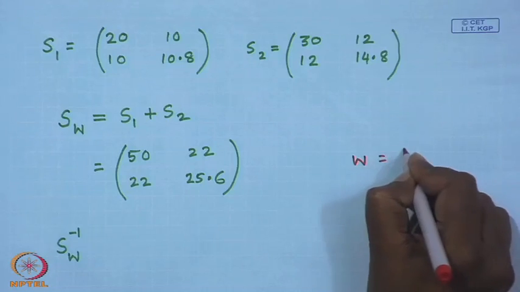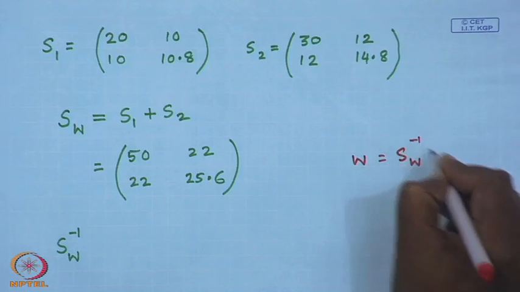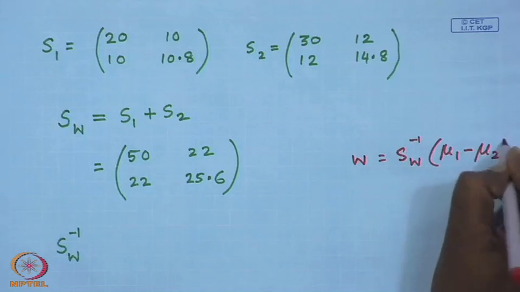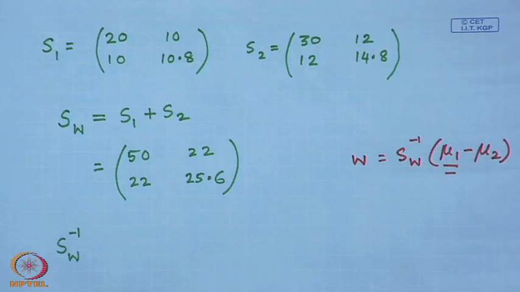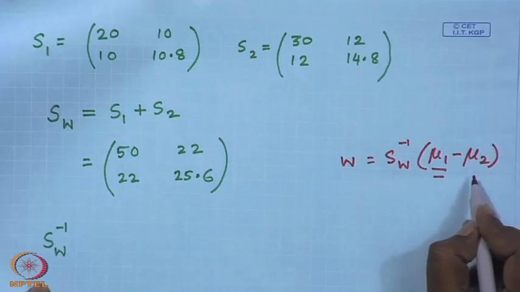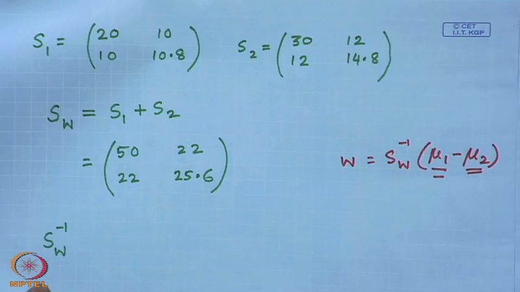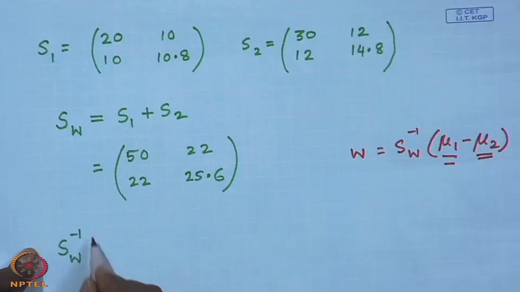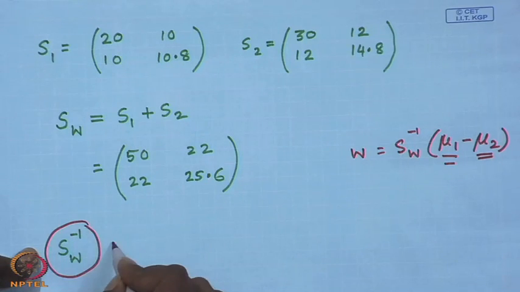The projection direction w is given by Sw inverse into mu 1 minus mu 2, where mu 1 is the mean of the samples belonging to class omega 1 and mu 2 is the mean of the samples belonging to class omega 2. So, from the total within class scatter Sw, I have to compute Sw inverse. Okay. So, this is what I need to compute.